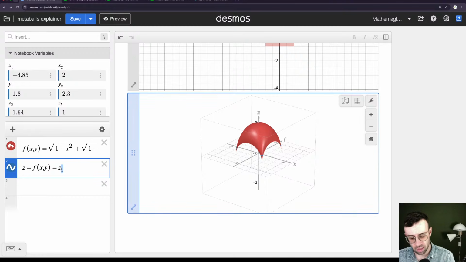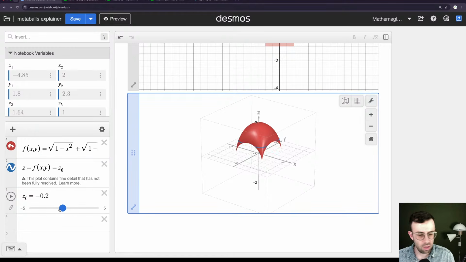We have a lot of Z's in this graph. Oh, it doesn't work like my volcano function. Darn. Still having fun with it though.